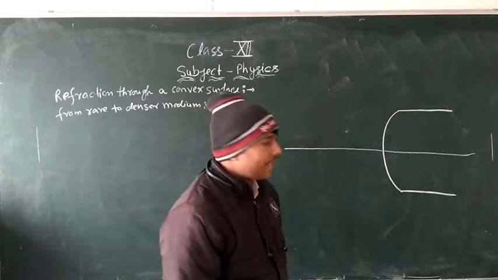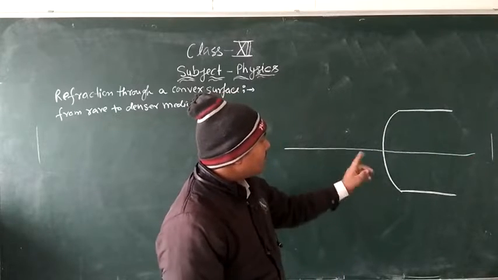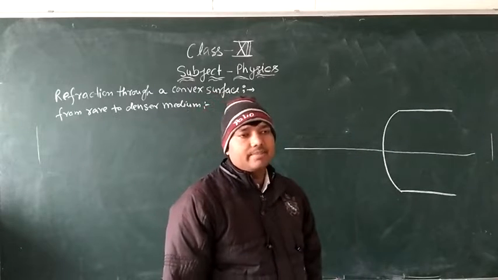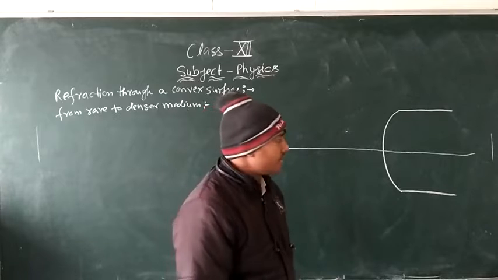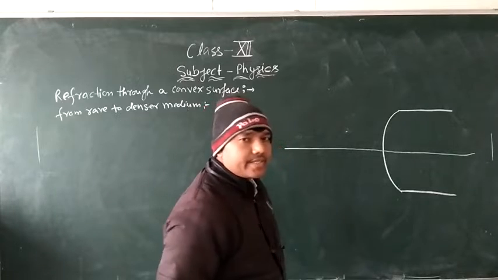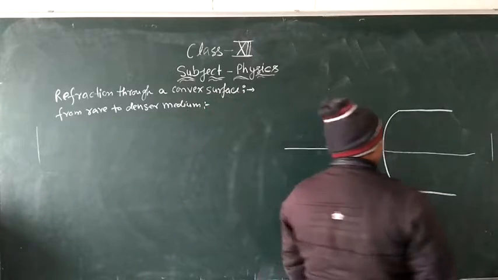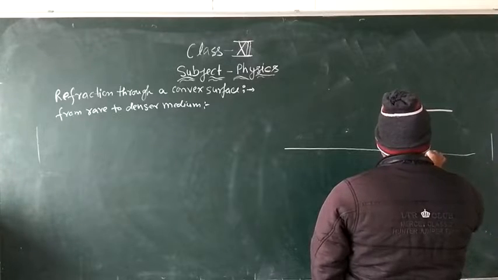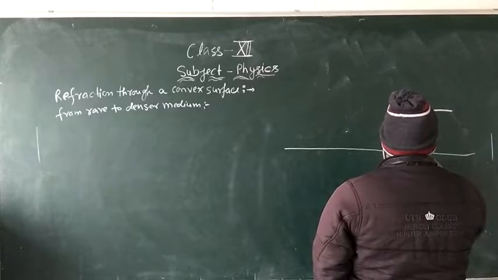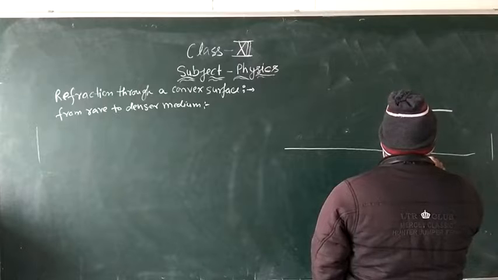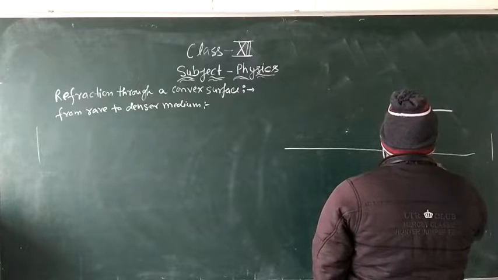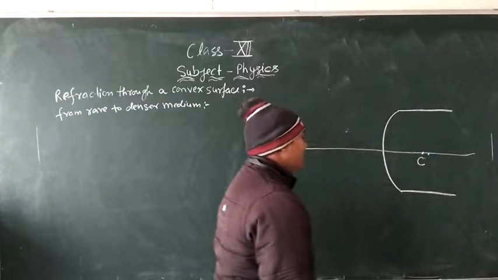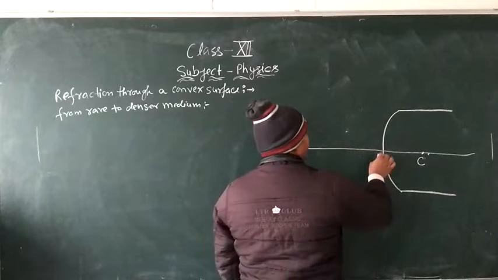All of you know that in a convex surface the center of curvature lies on the inner side. Suppose the center of curvature is C, and this is P.